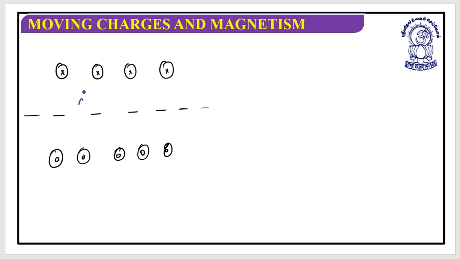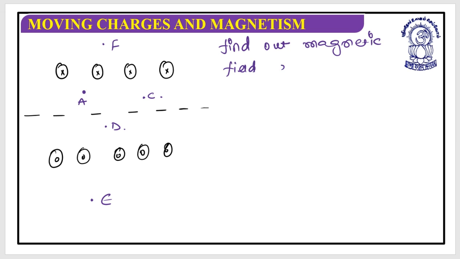This is the point A, this is the point C, this is the point D, this is the point E, this is the point F. I need to find out the magnetic field at each of the locations.